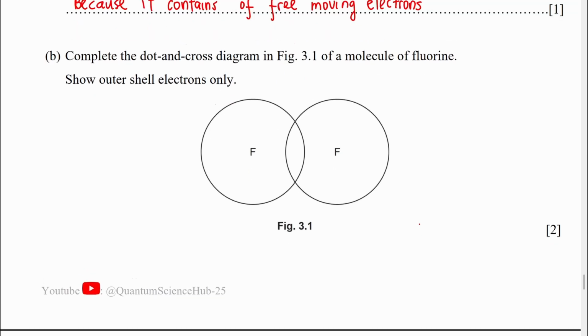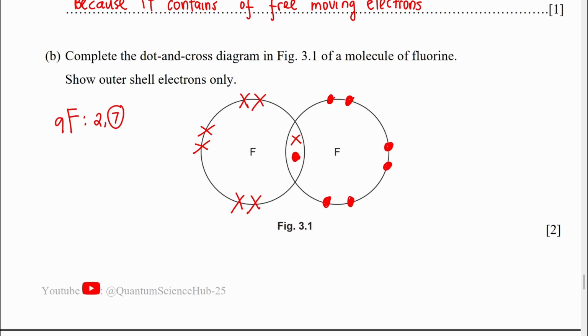Okay? Next question. Complete the dot and cross diagram in figure 3.1 of a molecule of fluorine. Show outer shell electrons only. Okay, so what is the atomic number of fluorine? It is 9, right? So the electronic configuration is 2,7. So we draw 7: 1, 2, 3, 4, 5, 6, 7, while the other fluorine is also 7: 3, 4, 5, 6, and 7.